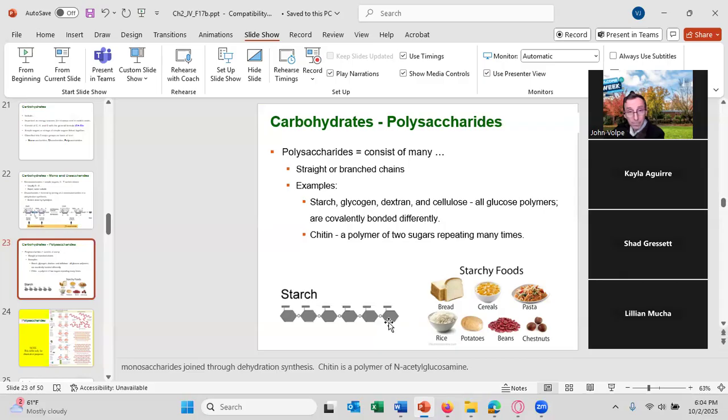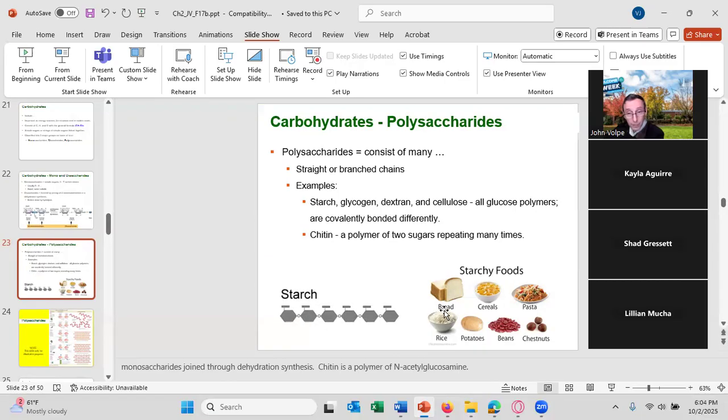Examples of polysaccharides include starch, glycogen, dextran, and cellulose. All are glucose polymers where glucose is chemically bonded covalently between one glucose molecule and another.